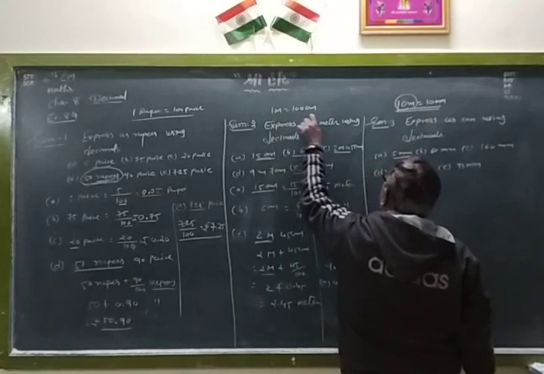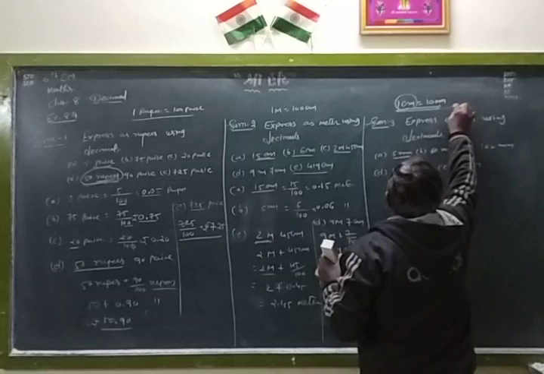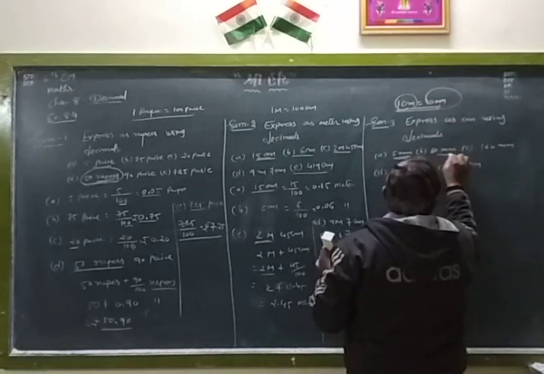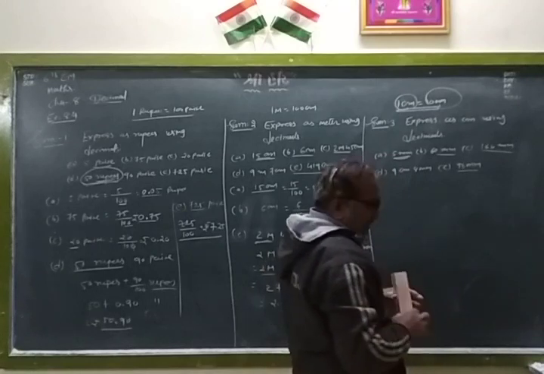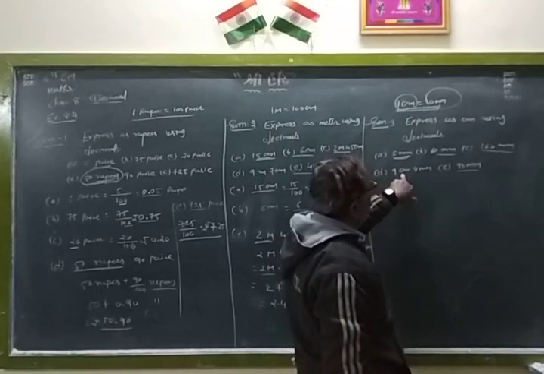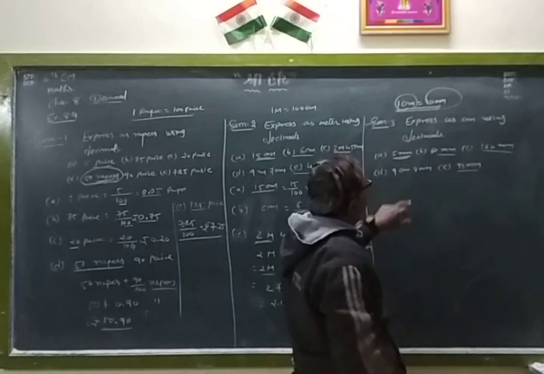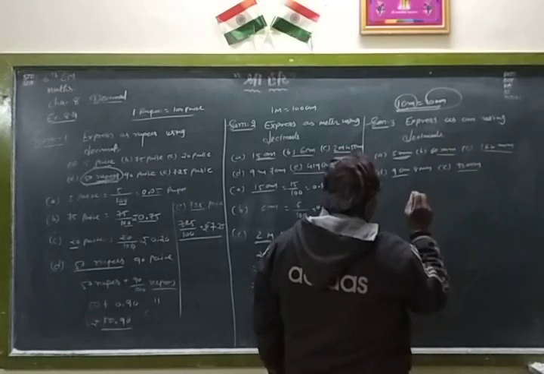Now friends, a little change is here. 1 rupee is equal to 100 paise, 1 meter is equal to 100 centimeter, but here 1 centimeter is equal to 10 mm. So when mm is given, we divide all by 10. But if centimeter is given, then we do not have to divide because it is already in centimeter. We have to convert into centimeter.